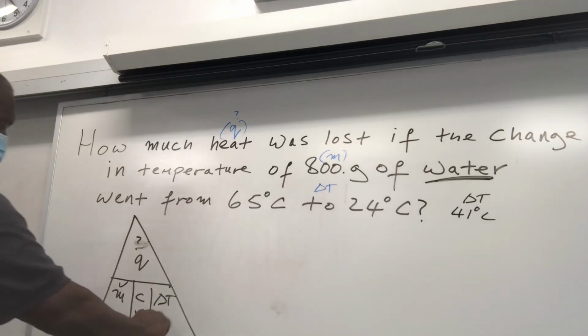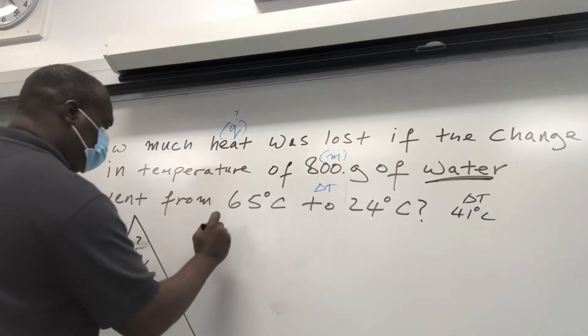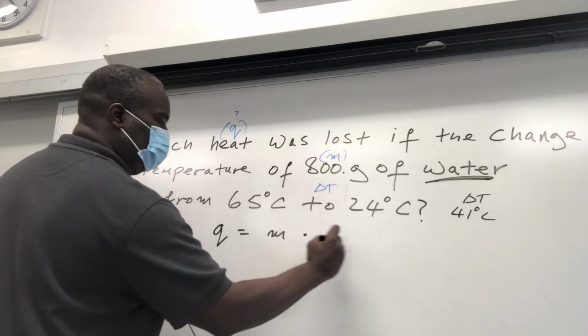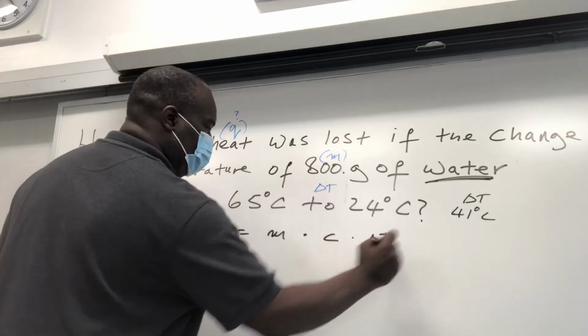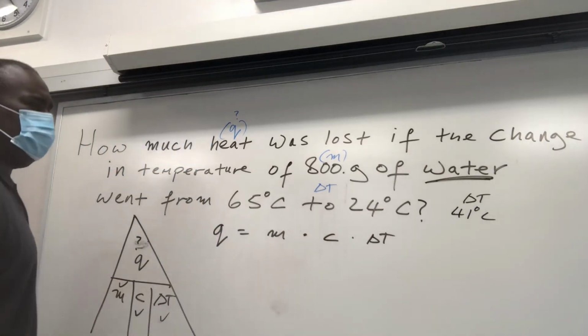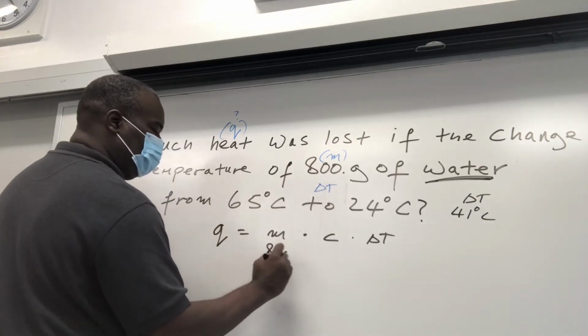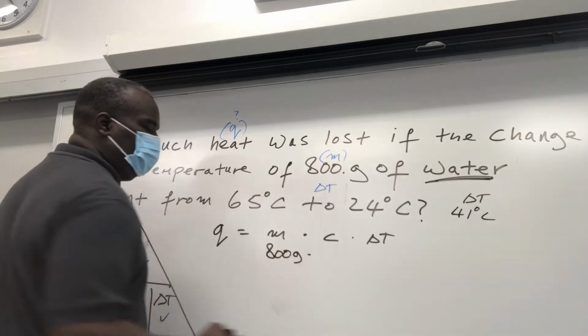And we know what delta T is. So let's write it out here. Q equals M times C times delta T. So we're looking for Q, we're looking for heat energy. Our mass right here is 800 grams. Always use units.